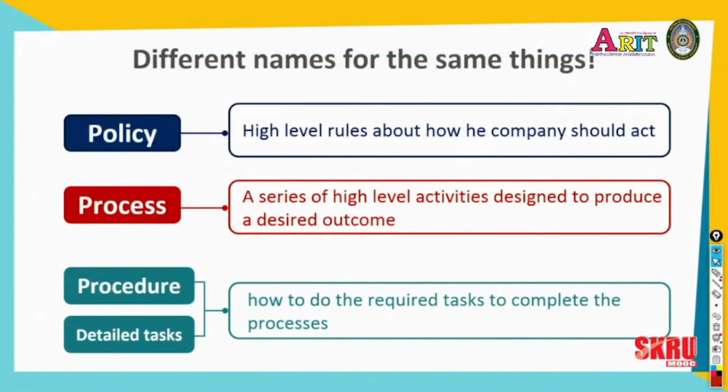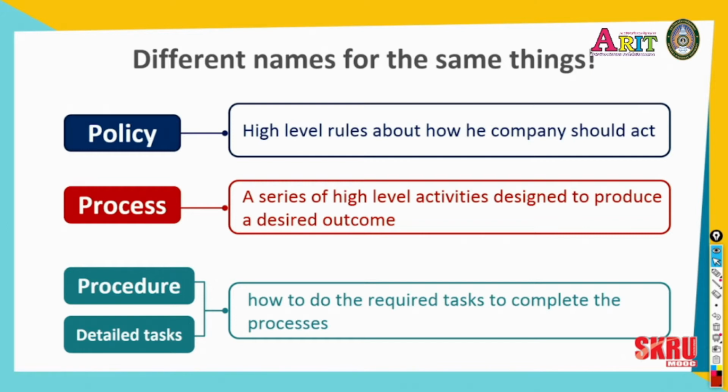In a business environment, you find companies have policies. The policy is really a high-level rule about how the company should act. For example, in retail, you may have a policy on return of items. A customer buys something and wants to bring it back.